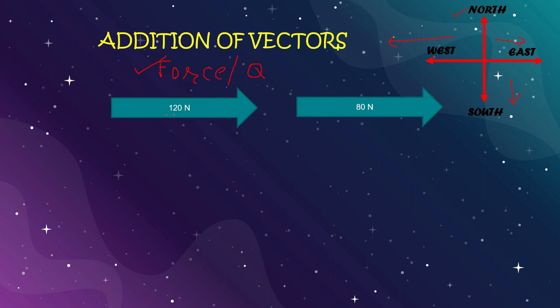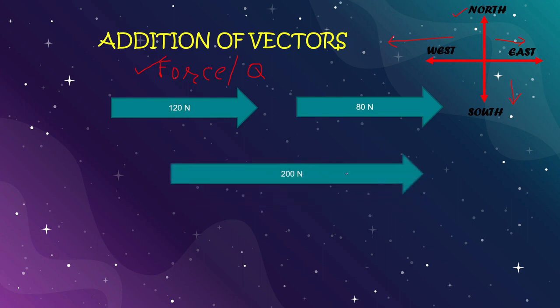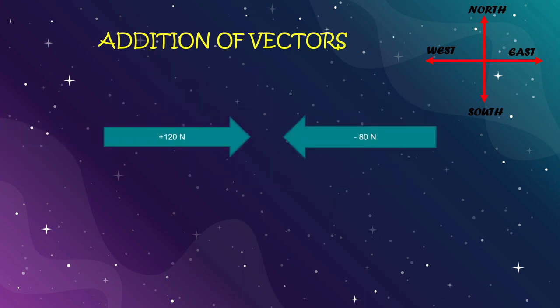For example, if we have two forces working in the same direction, in this case both of them moving in the east direction, then they will be directly added and the magnitude will increase. In another case, if two vectors are moving in opposite directions, one is positive 120 newtons, another one is coming in the opposite direction with magnitude minus 80 newtons.